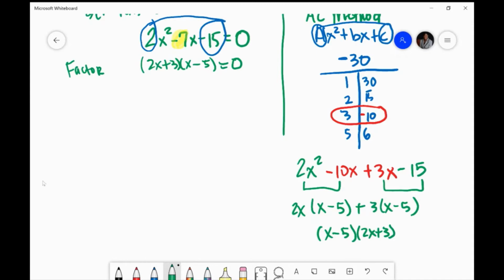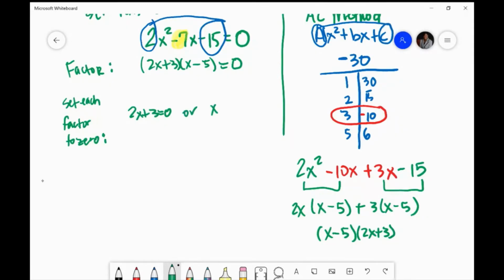What's the next step? You set each factor to 0. So 2x plus 3 equals 0. And what word do we normally put next in math? Or.